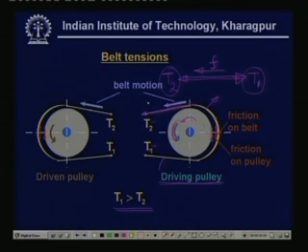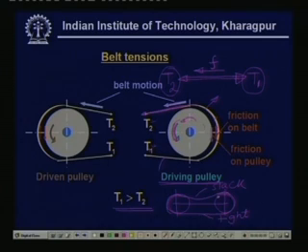Now, this has got an implication. The implication is that you will be learning very soon that if you are having a belt drive and you are putting a belt, the tight side means something like this is going and the slack side means, exaggerated, something like this. So, this is what we are calling the slack and this we call the tight.